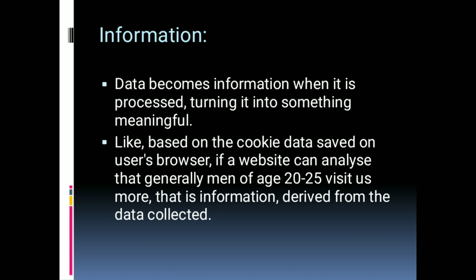So if, for example, we take a website or any browser, based on the cookie data saved on the user's browser, if a website can analyze all the information about who visited the website within some age group, this is all called information.